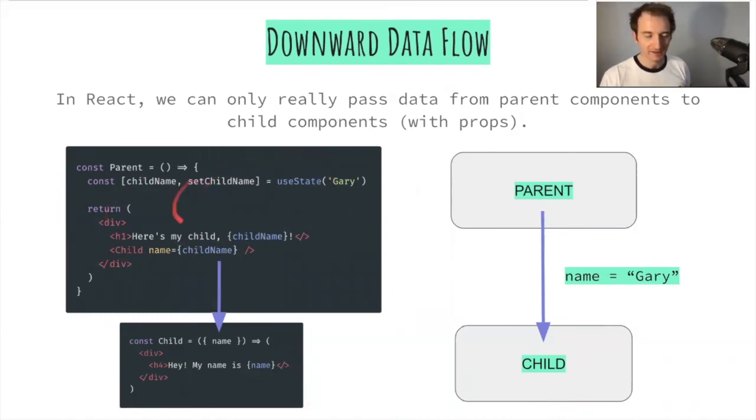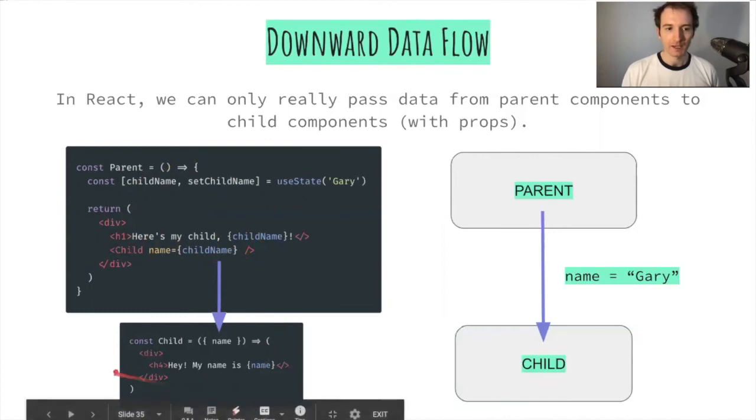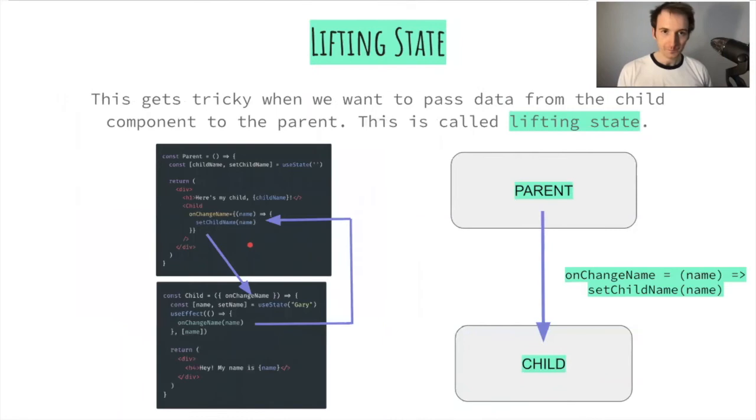So that's a nice thing that we get automatically with React, but it doesn't work in the opposite direction. So if this name is just defined inside of this child component, we change the name, that's not going to match the value that we have in the parent as well.